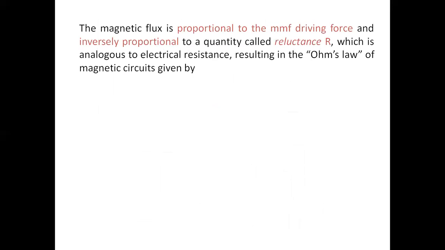The magnetic flux is proportional to the MMF driving force and inversely proportional to the quantity called reluctance, which is analogous to resistance. In Ohm's law, you already know this. So applying the same Ohm's law in the magnetic circuit, phi is equal to F by reluctance.